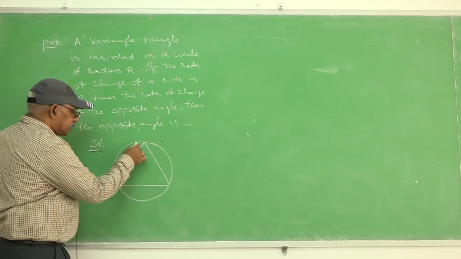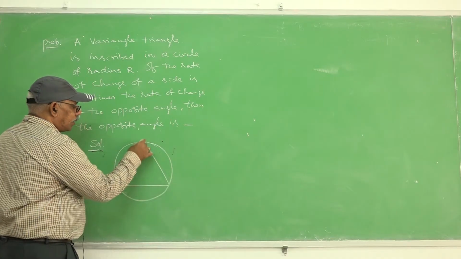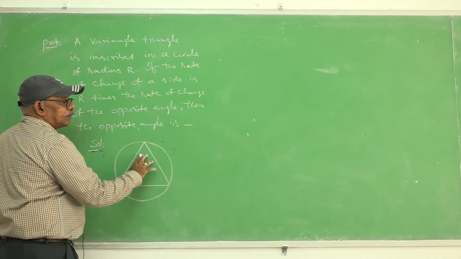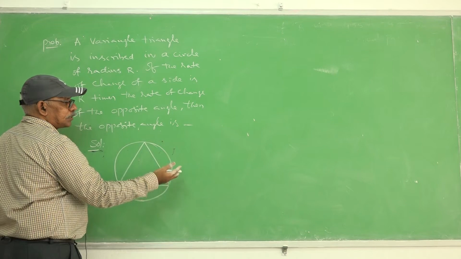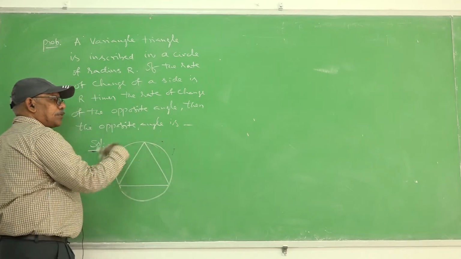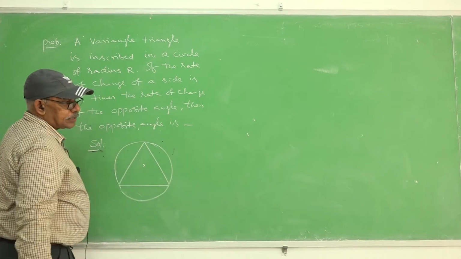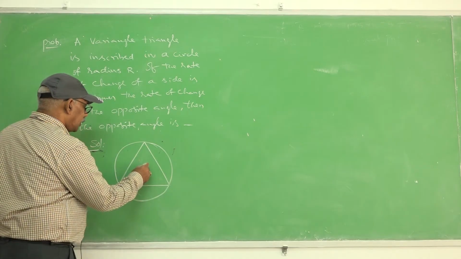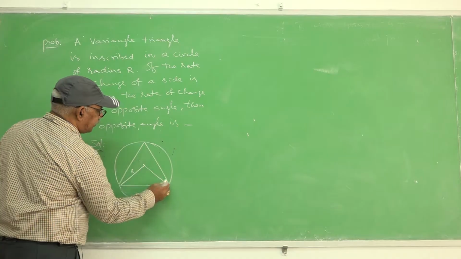Suppose the triangle is like this, then the area is something, and if the triangle is like this, the area is something else. It is a variable triangle inscribed in a fixed circle. Here the radius of the circle is capital R itself.